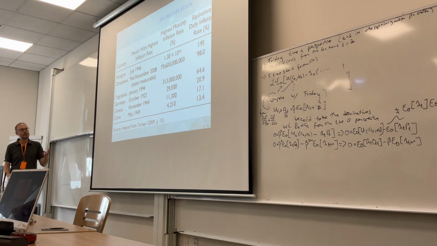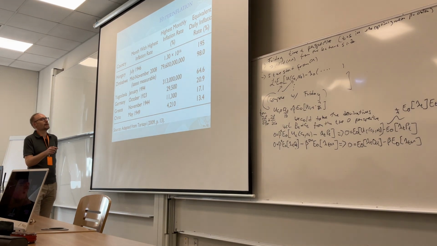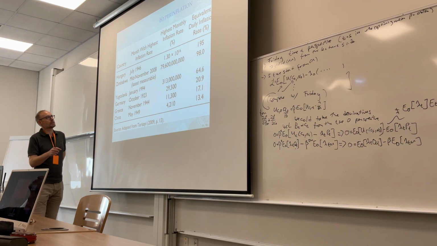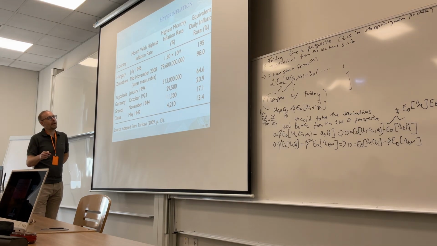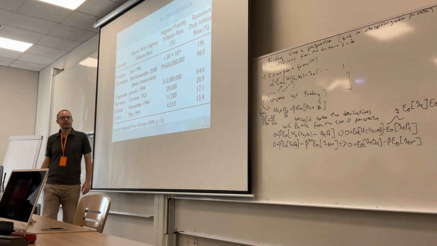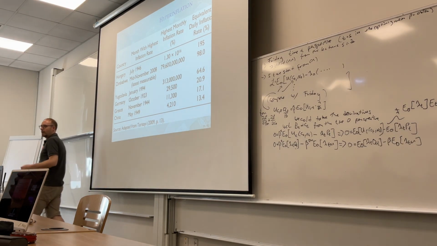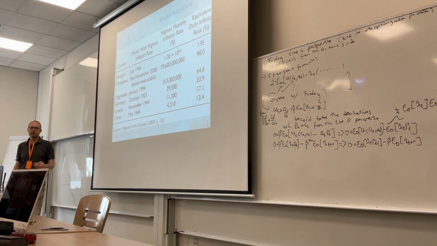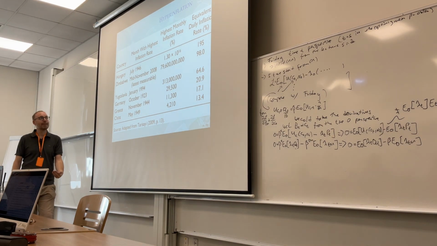Right, and these two weren't even the biggest inflations. In Hungary, in 1946, they had an inflation rate of about 200% on a daily basis. So the price level would double between the beginning of class and the end of class today.